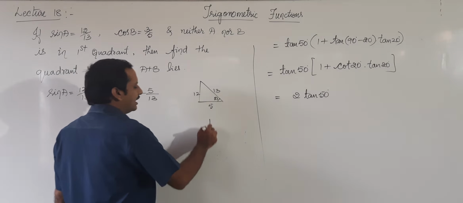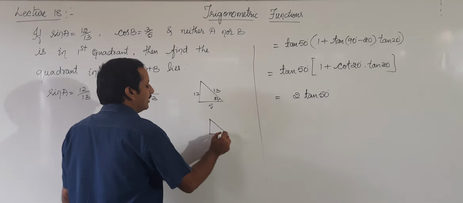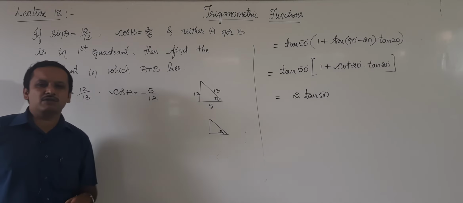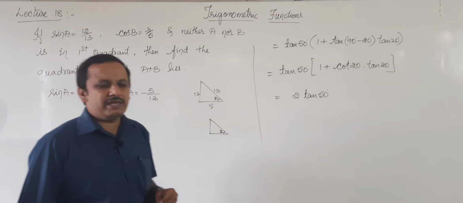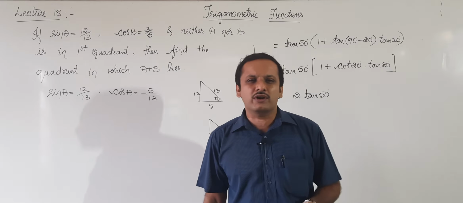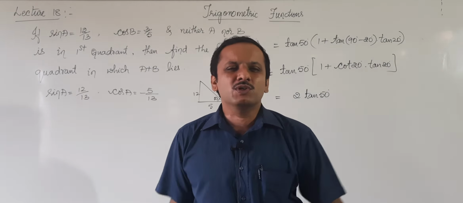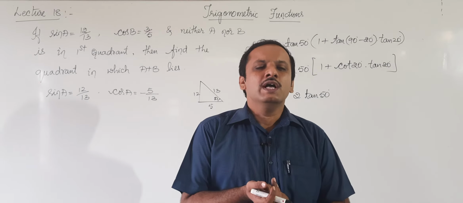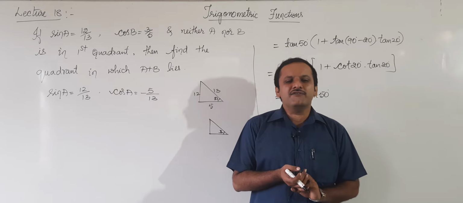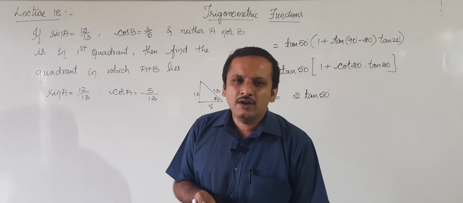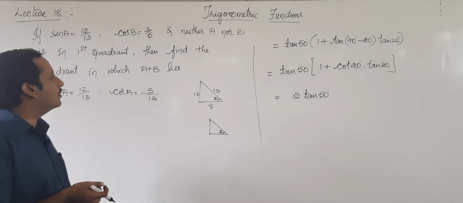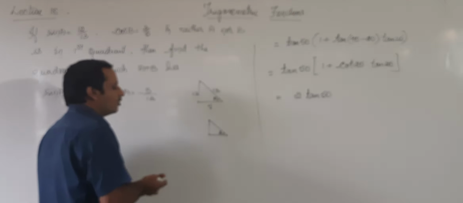Now, let me choose another right angle triangle here. Okay. See, this angle B, cos B is equal to 3 by 5. Cos B is positive means B is either in the first quadrant or in the fourth quadrant, because you know in the first quadrant all are positive and in the fourth quadrant cos is positive. Now, we know that B is not in the first quadrant, therefore, B must be in the fourth quadrant.